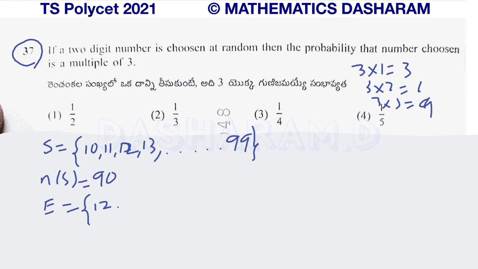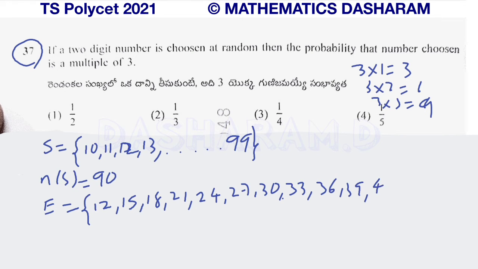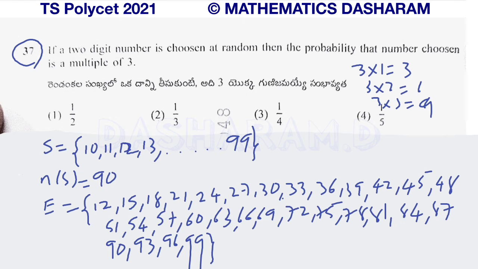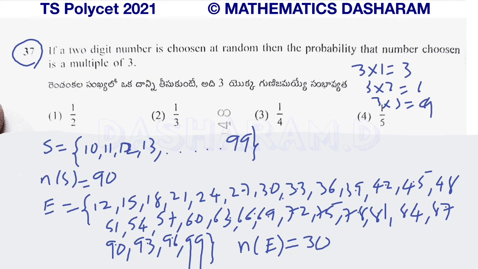First 12, next 15, next 18, next 21, 24, 27, 30, 33, 36, 39, 42. So these are all the 2-digit numbers which are multiples of 3. Then n of E, how many are there? It is equal to total 30.